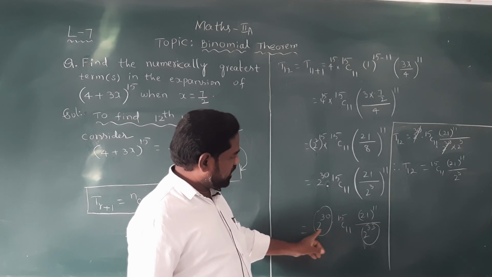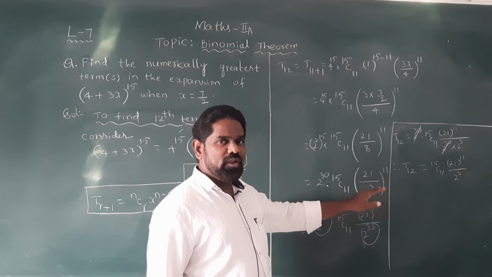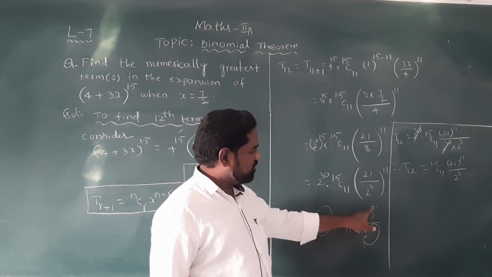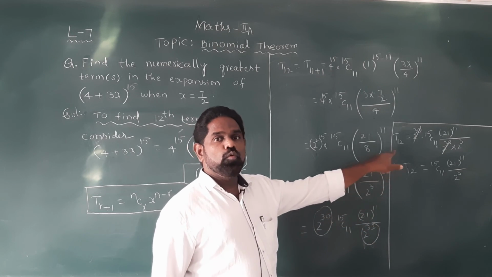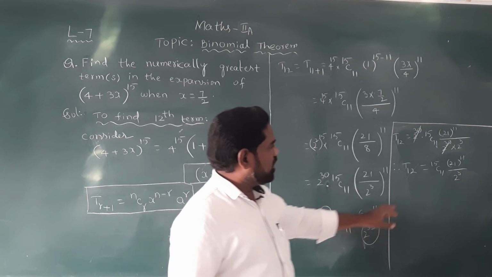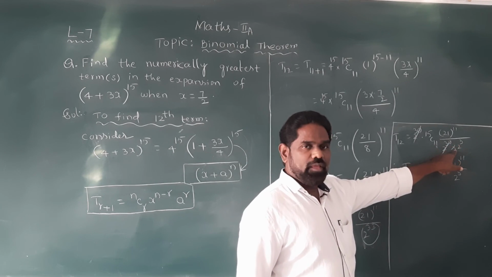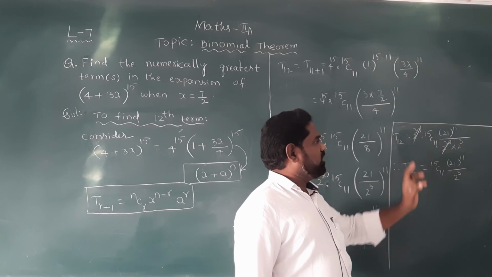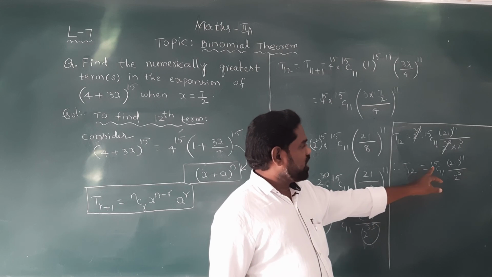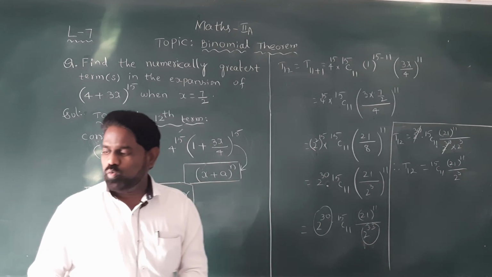Listen, 2 power 30, 15C11. Separate the numerator and denominator: 21 power 11, 2 cube whole power 11, 2 power 33. 2 power 33 can be written as 2 power 30 into 2 power 3. 2 power 30 and 2 power 30 get cancelled. So what will come here? 15C11, 21 power 11 by 2 cube.